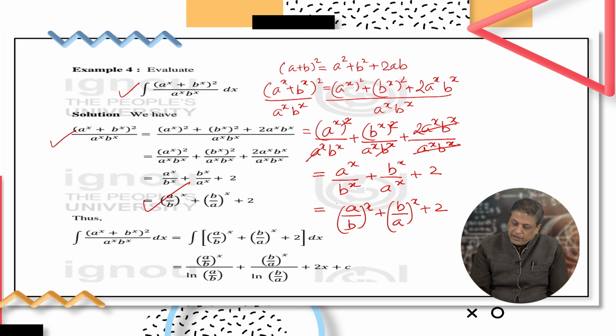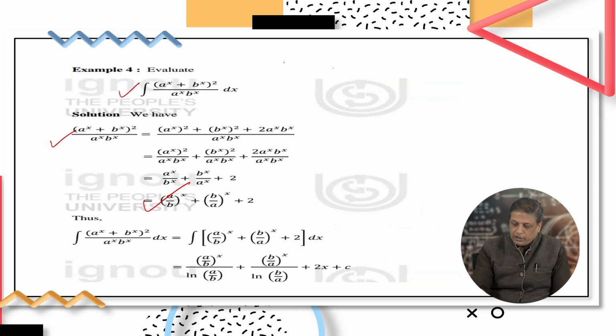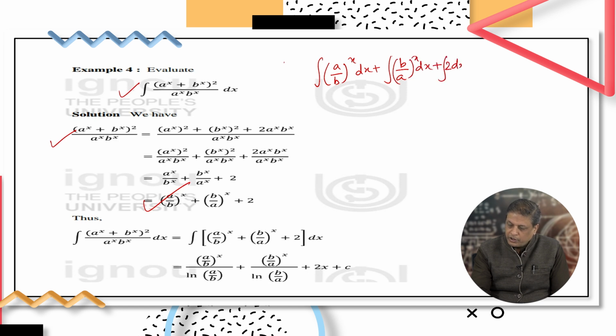Now we are supposed to integrate, and by just applying the formula integral of a^x dx is equal to a^x upon natural logarithm of a plus c, this formula is to be applied. We need to integrate (a/b)^x dx plus integral of (b/a)^x dx plus integral of 2 dx.